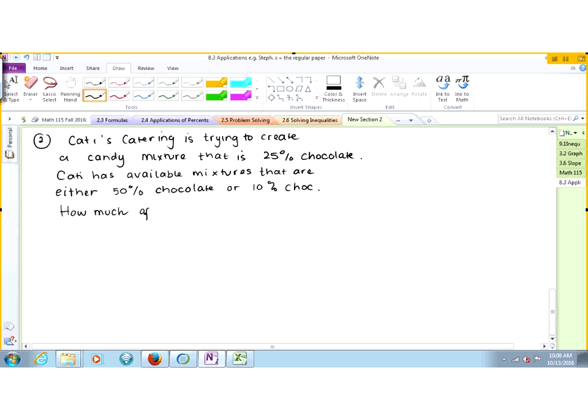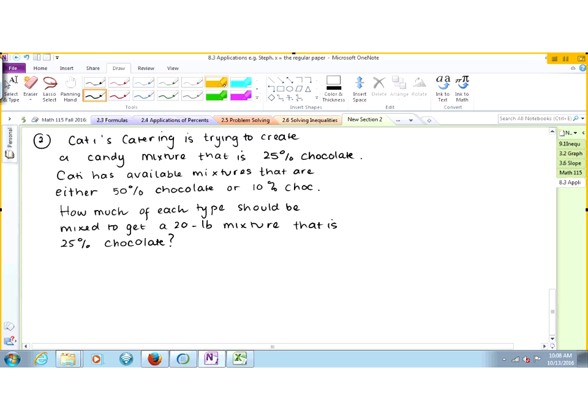How much of each type should be mixed to get a 20-pound mixture that is 25% chocolate? So that's the question.